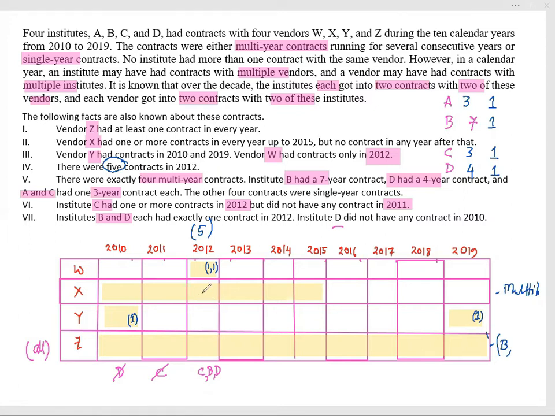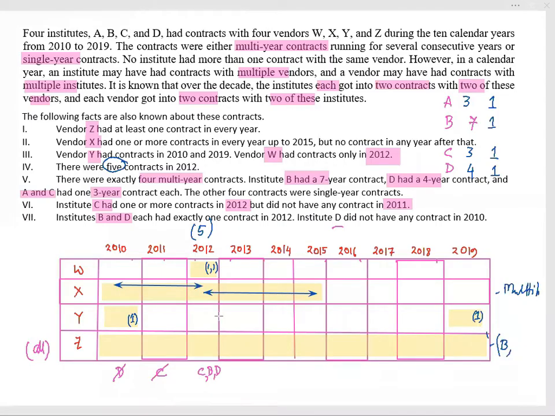So 2 contracts would be here for X. Now I can find these would be done by 2 contracts and overlapping in 2012. Like 1 contract would be from this one, 2010 to 2012, and another contract would be 2012 to 2015.